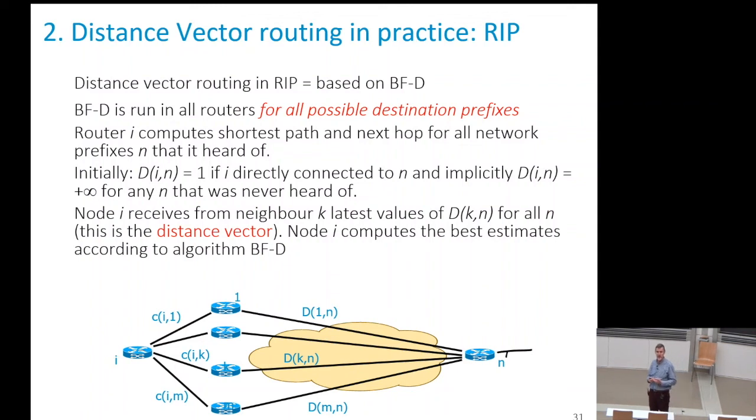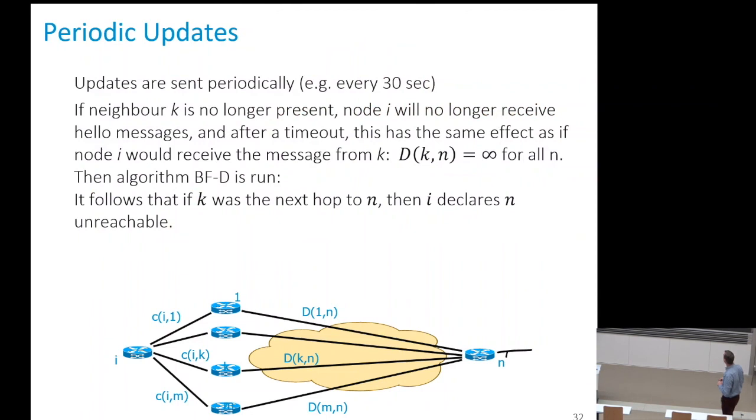This is why it's called distance vector. Every router sends to its neighbors its own vector of distances to all destinations. And using this, with the theory that we have seen a minute ago, all nodes are able to do two things. First, compute the correct distances, and from the correct distances, deduce also what is the next hop to a destination.